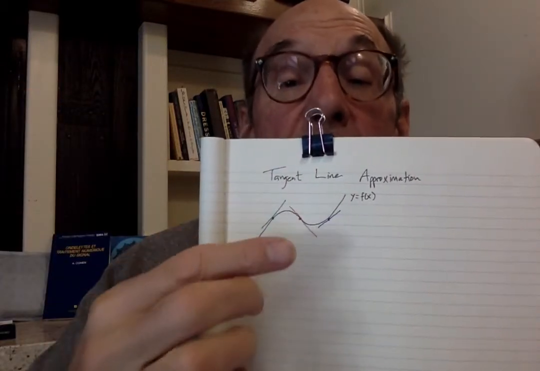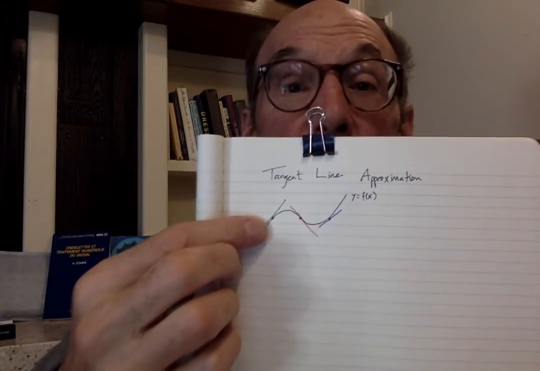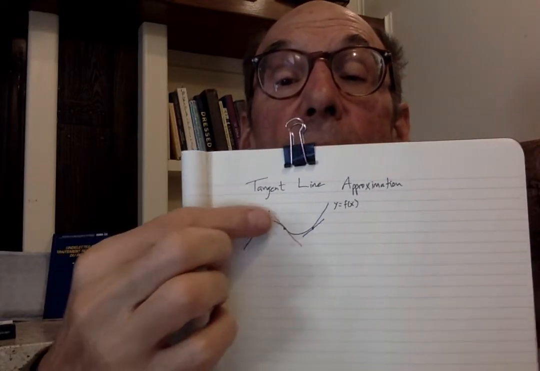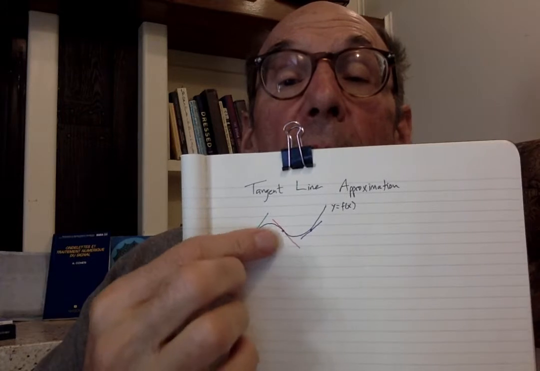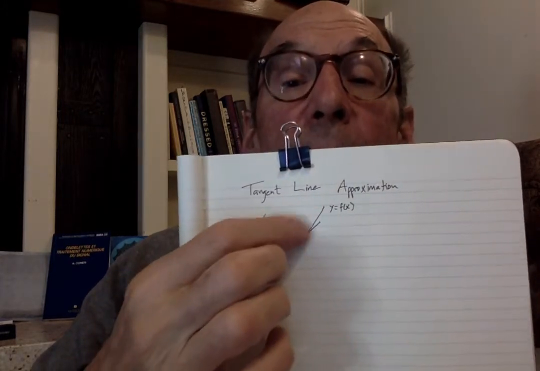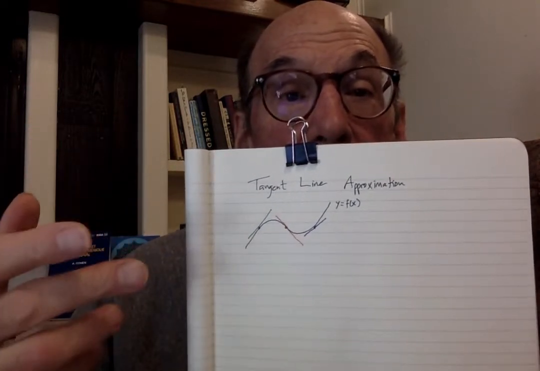The big idea is that the tangent line stays close to the graph if you don't go too far away. I mean, here it's too far away, or here it's too far away. But if you stay very, very close to the point that you know, then the tangent line is a good approximation to the actual graph.